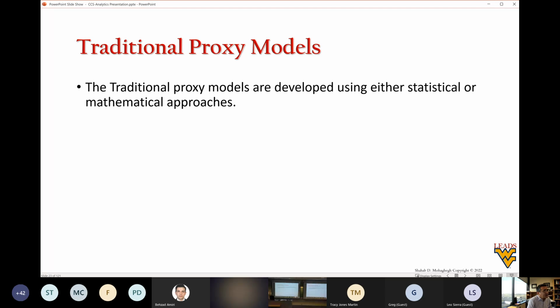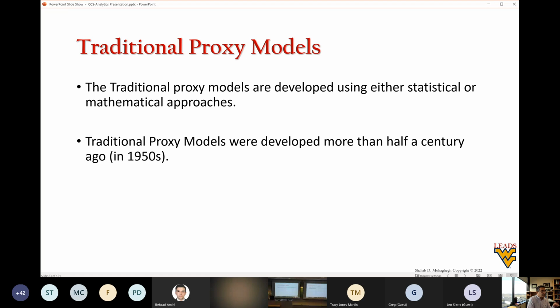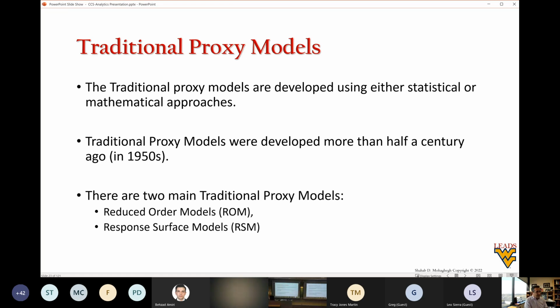The traditional proxy models are developed using either statistical or mathematical approach. Traditional proxy models were developed more than half a century ago, about 70 years ago, in the 1950s. There were two types. The one is reduced order model, ROM. The other one is response surface model, RSM.